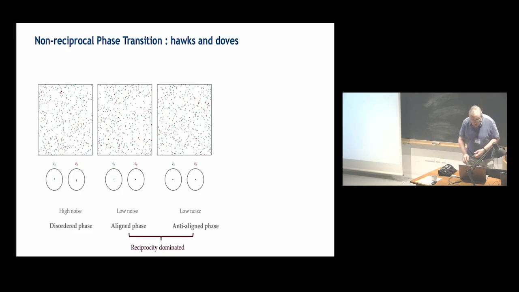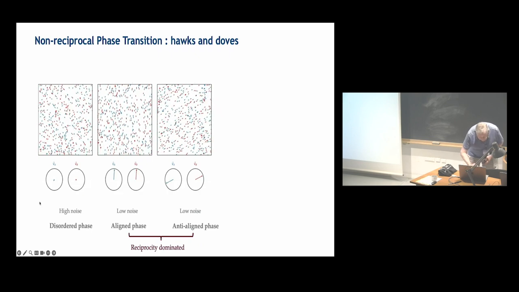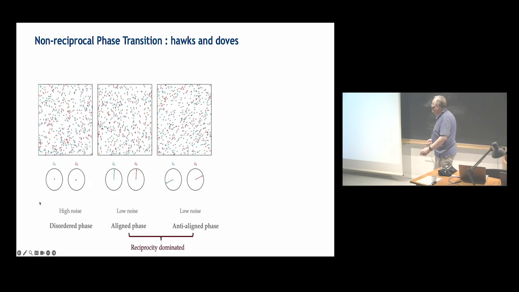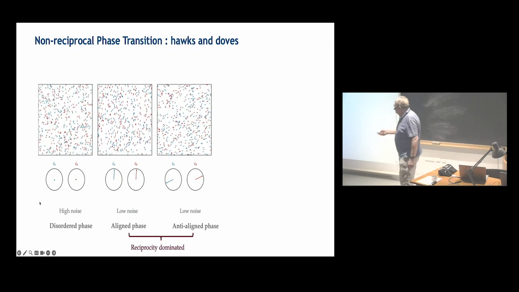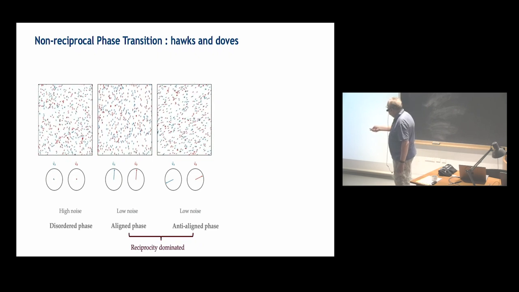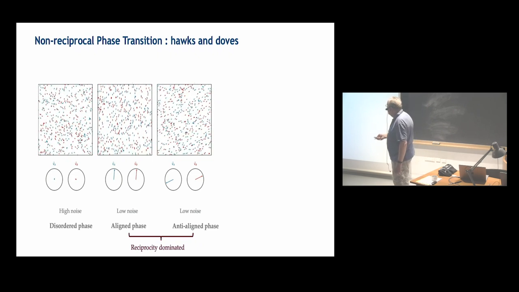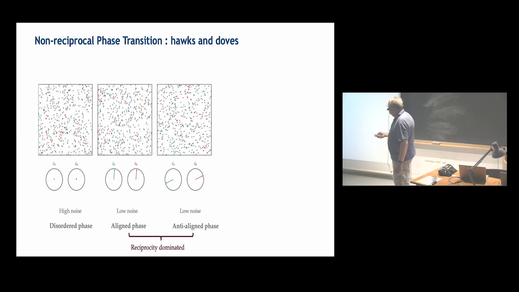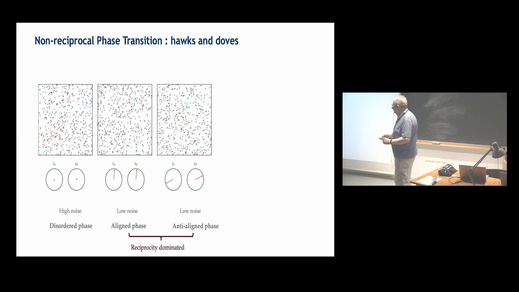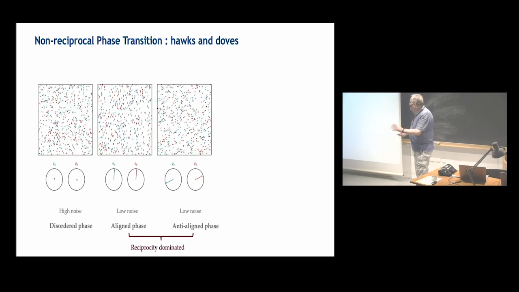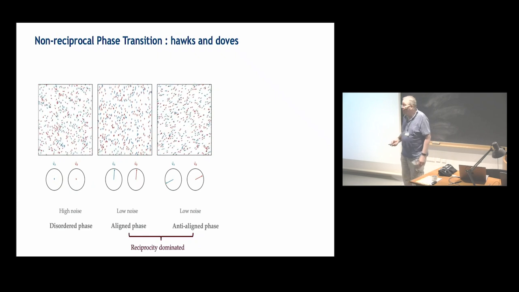Okay. And so this is a model which I call hawks and doves. It's actually a version of what you know as a Vicsek model, but there's blue and red, so think of these as birds flying around. The red birds like to align with the red, the blue birds like to align with the blue, and then the red and blue are conflicted.